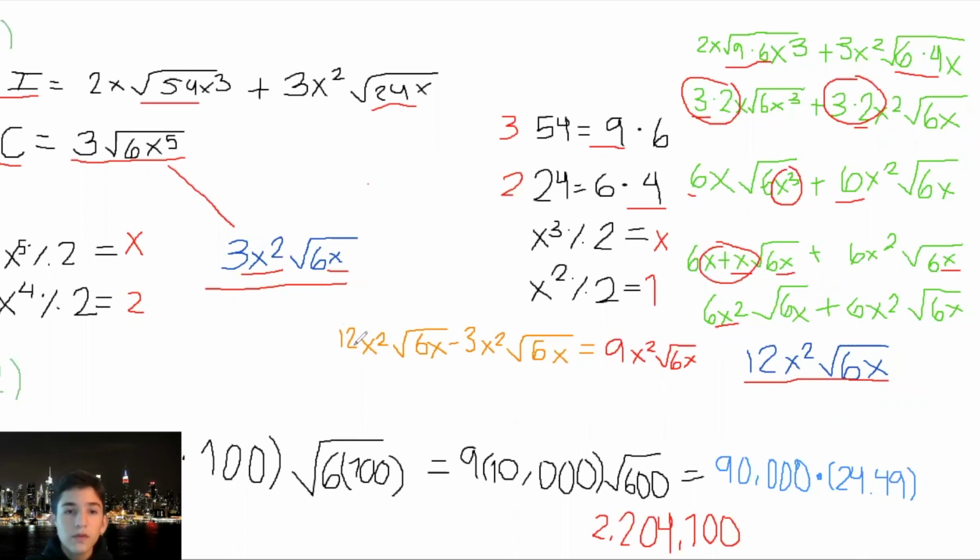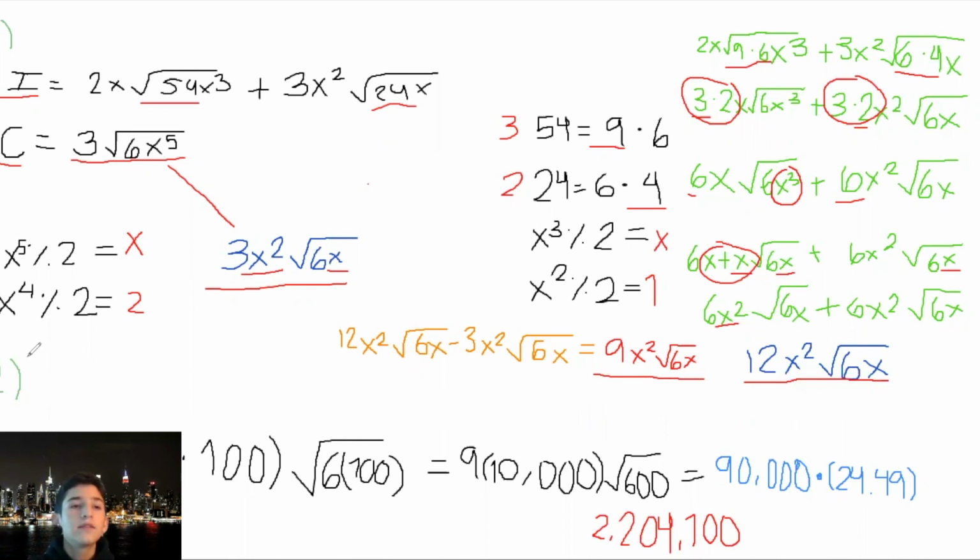So the income is 12x squared times the square root of 6x, and I have to subtract the cost, that is 3x squared times the square root of 6x, and that will give me a revenue of 9x squared times the square root of 6x.